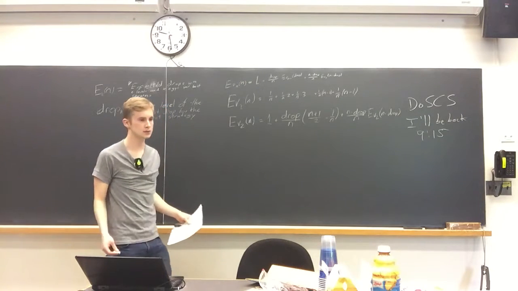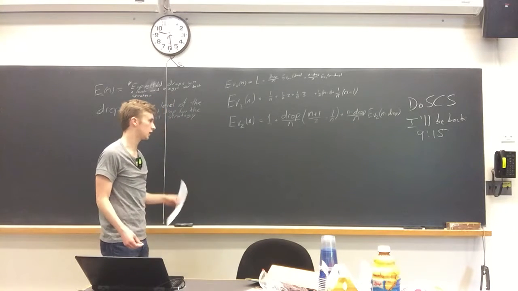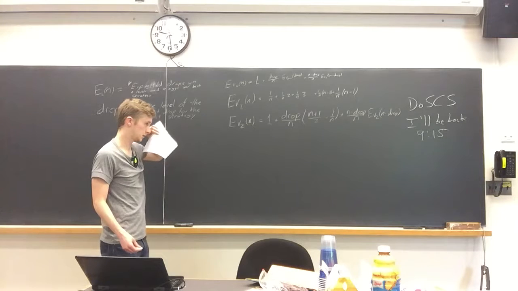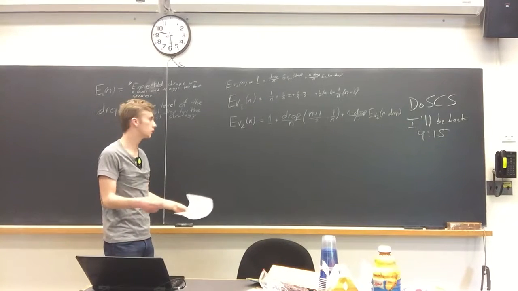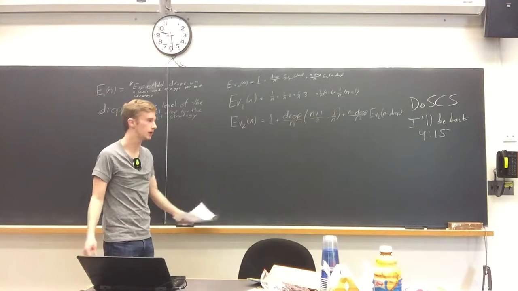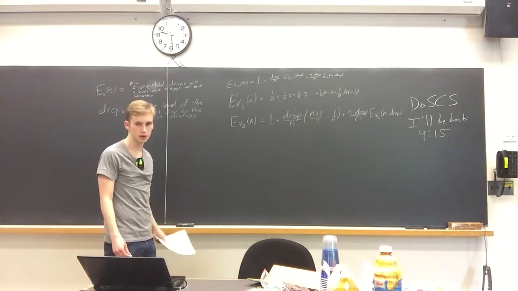So in class, when we were talking about this earlier, Professor Miller talked about what you would expect drop to be, right? And we figured out it's probably on the order of square root of n.